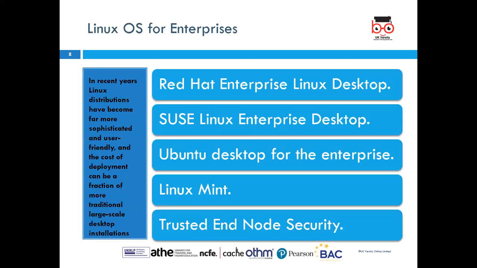Then we have Linux, which we explained yesterday, where we spoke about the benefit of using Linux when it comes to ethical hacking or pen testing. So as you can see in recent years, Linux distributions have become far more sophisticated and user-friendly. And the cost of deploying can be a fraction of more traditional large-scale desktop installation.